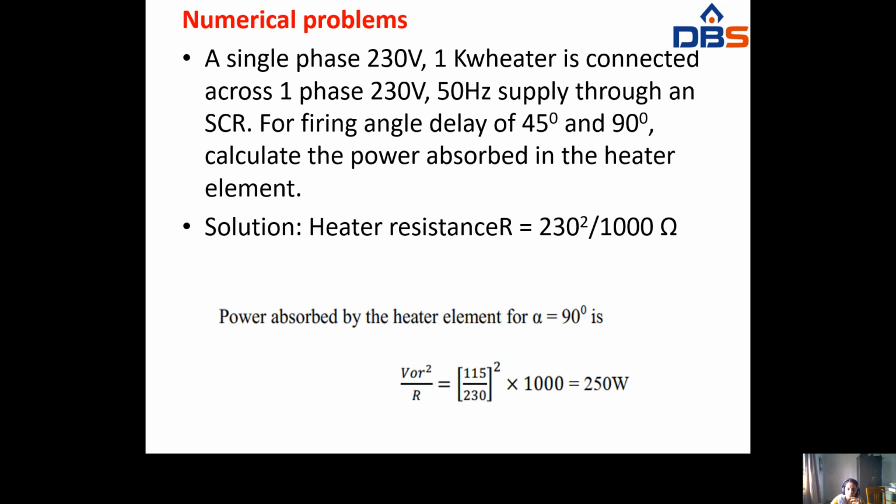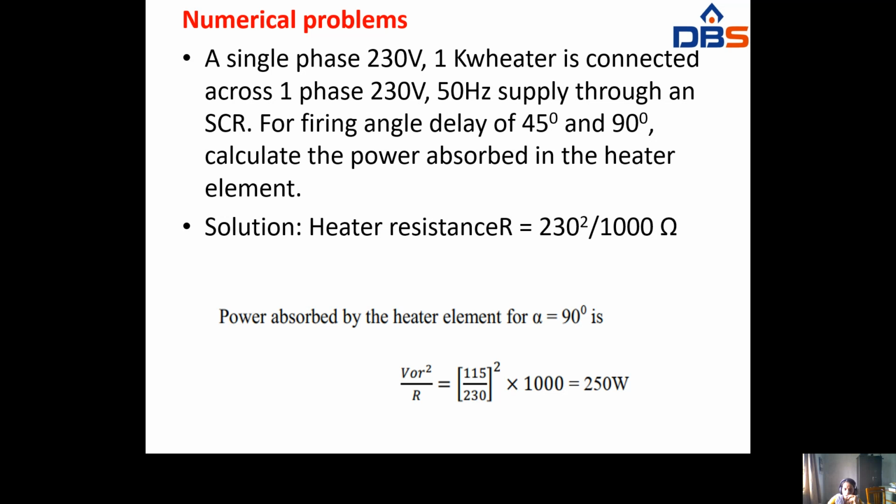Heater resistance: resistance R equal to V square by P, since V equal to IR, so R equal to V by I. Here it is 230 squared by 1000, the power, ohms.